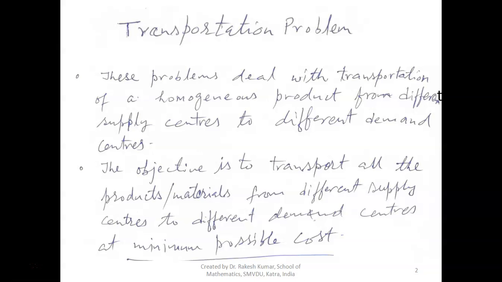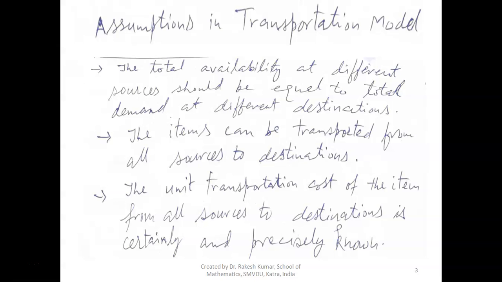Transportation problems deal with transportation of a homogeneous product from different supply centers to different demand centers. The objective is to transport all the products or material from different supply centers to different demand centers at minimum possible cost. So this is generally the objective of transportation problem.